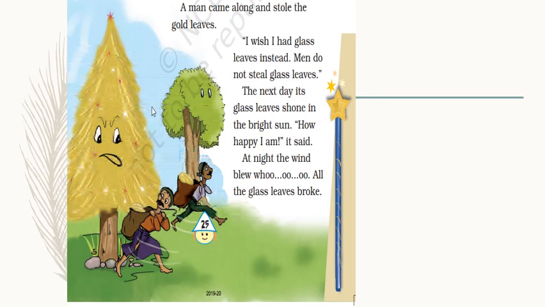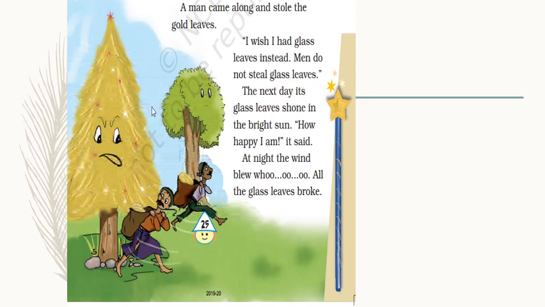But it soon became sad. Why? Because a man came along and stole all its gold leaves. And this was again very disappointing for the fir tree. It was very sad. And then it asked for its next wish.